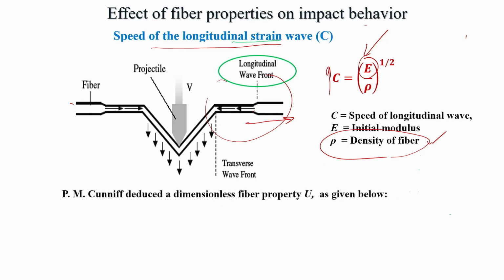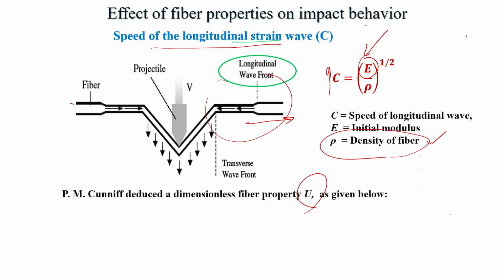P. M. Cunniff actually deduced one dimensionless fiber property, U, particularly for impact ballistic protective purposes. Okay.